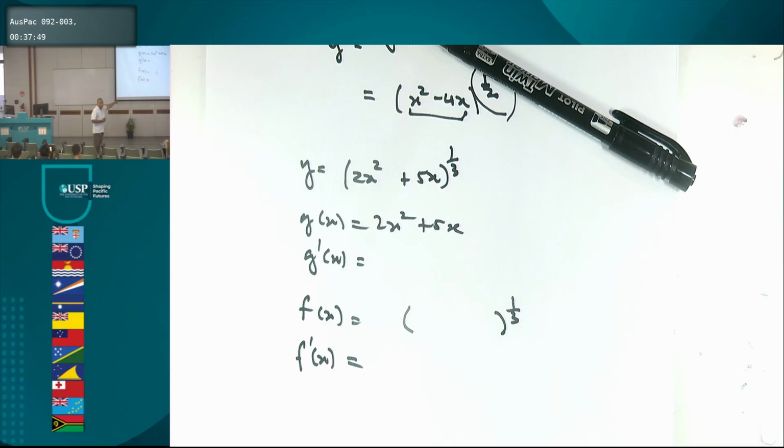power of 1/3. What's the derivative? We'll bring the power down, and reduce the power by 1. So bringing the 1/3 down, this will be 1/3 something. What's the new power, by the way? 1/3 minus 1, negative 2/3, eh?